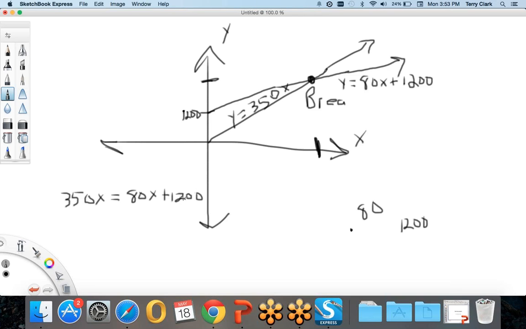And then that'll tell me at how many hours I'll break even, because X equals the hours. Okay, so if I subtract 80 from both sides, then I have 270X equals 1200. Then I'm going to divide both sides by 270.